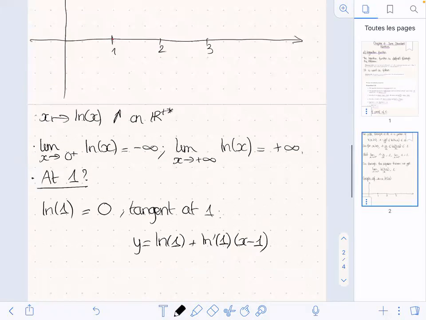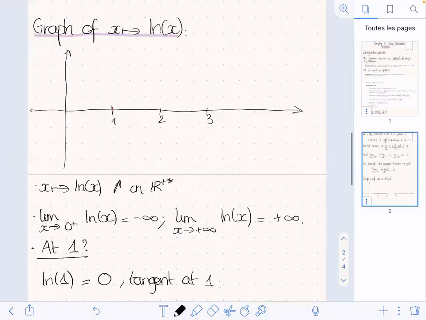And again, we can simplify this a bit. You get 0 plus 1 over 1, so 1 times x minus 1. So the tangent is x minus 1. And so we can roughly draw the behavior. So x minus 1 behaves something like this. The tangent at 1 will behave like that.